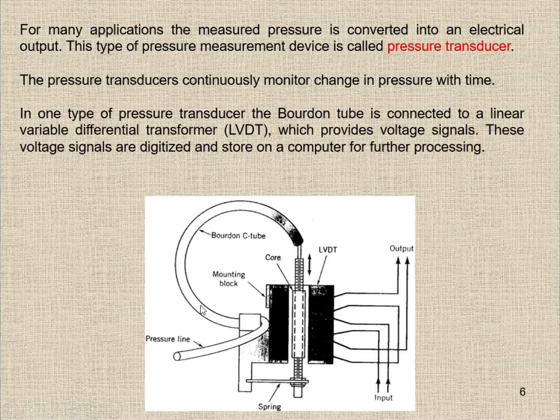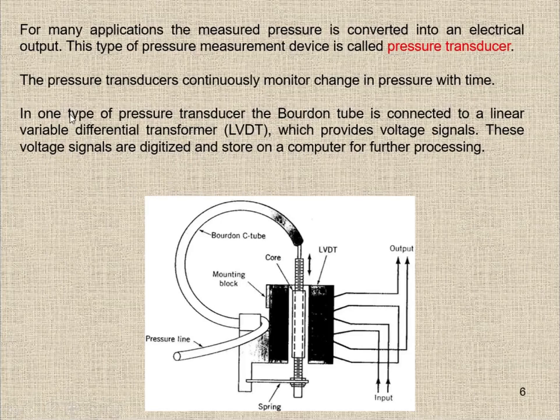This is the Bourdon tube, and this is the pressure connection line, the input line, and then it moves forward as it compresses and expands. There is an LVDT, a linear variable differential transformer, which measures the deflections and converts these deflections into the electrical output.